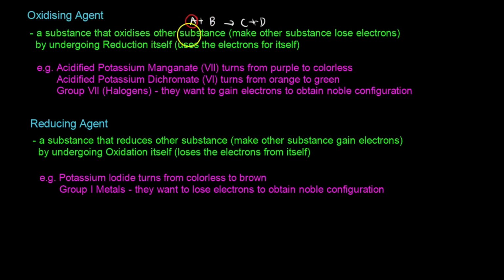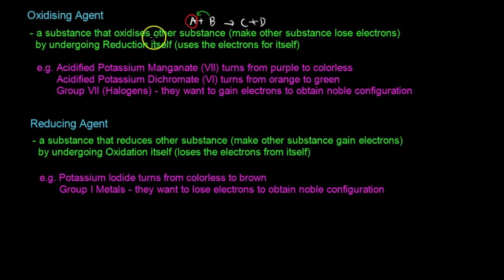It means it oxidizes other substances, for example B, by making B lose its electrons. So B now loses electrons, and A undergoes reduction itself by using up the electrons for itself. What do I mean? If A is the oxidizing agent, it absorbs the electrons from B.